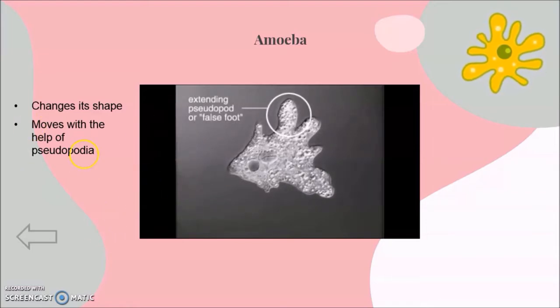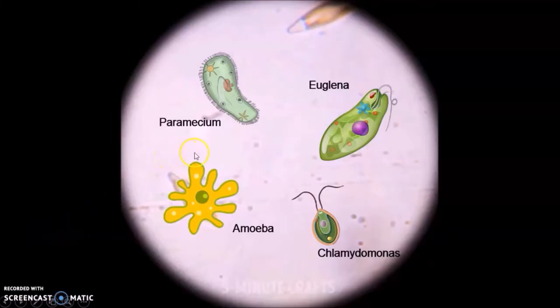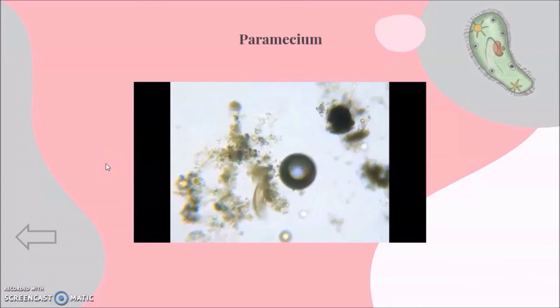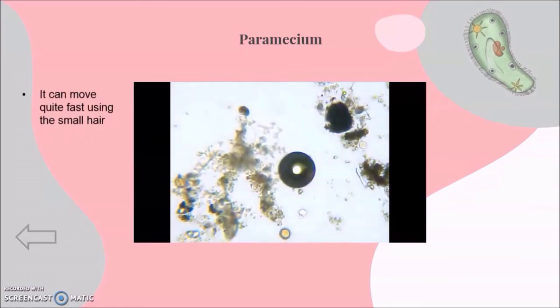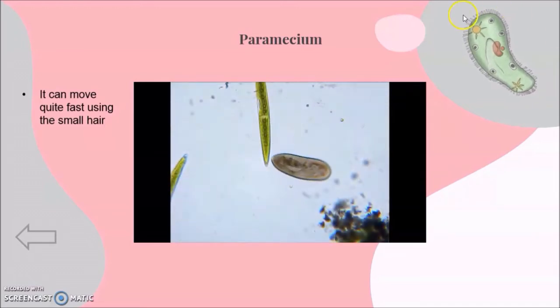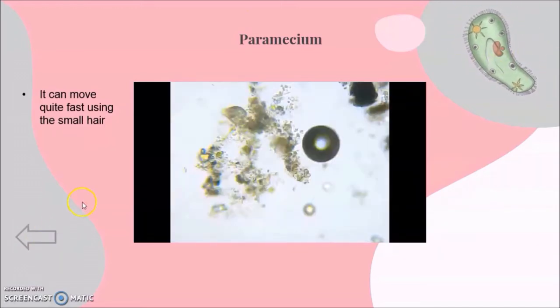Next, we go to another very common unicellular organism, paramecium. Paramecium can move quite fast with the help of these small hair-like structures.